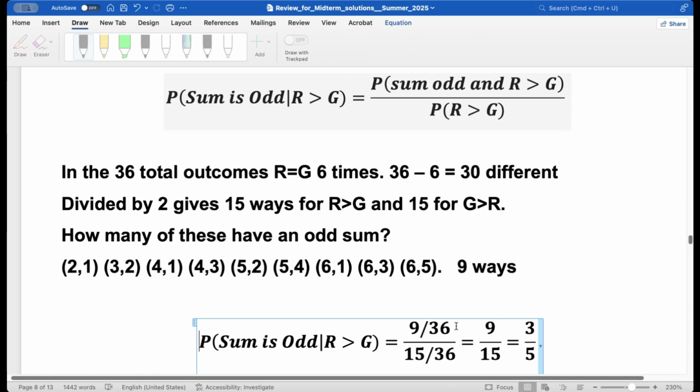In many cases in these problems, we can ignore the grand total number, as long as we're careful that we're setting it up out of that common denominator total. There are 15 ways for red to be bigger than green. That's your denominator. Of those 15, within that set of 15, how many satisfy the second condition, sum being odd? That was 9. 9 out of 15 reduces to 3/5.